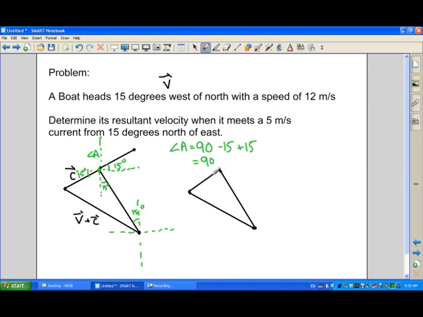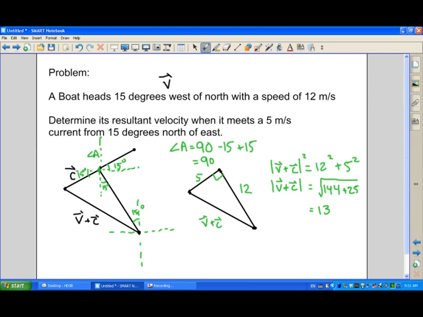So I have a 90-degree angle. I know the magnitude of this side is 12. That's the velocity the boat's moving at. And the magnitude of this side is 5. So the magnitude of vector v plus c you can find by using the Pythagorean theorem. The magnitude of v plus c is going to be the square root of 144 plus 25, which is exactly 13.